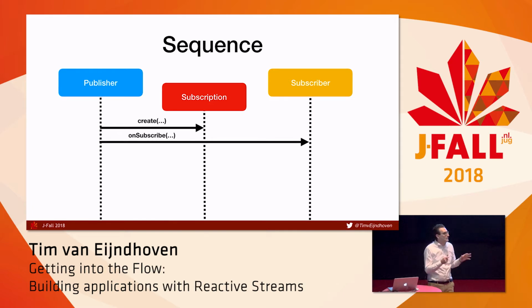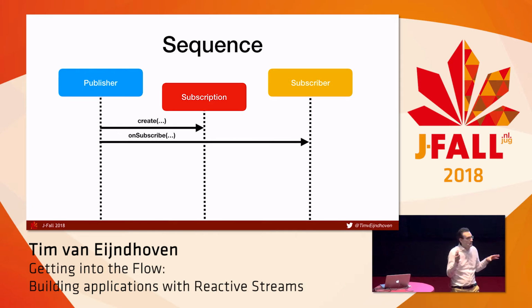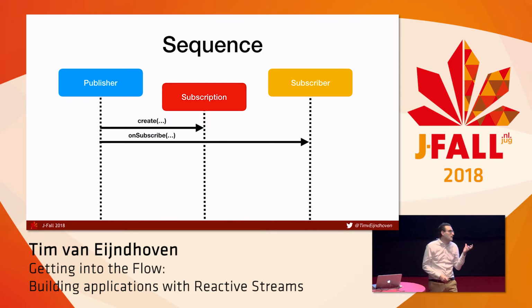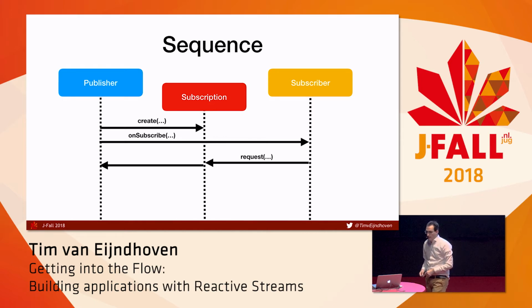Then it will call the onSubscribe method on the subscriber, providing it with the subscription. So now the subscriber has a subscription, has the option to send a signal to the publisher that it's ready to receive a certain number of items. So it will request a certain amount.